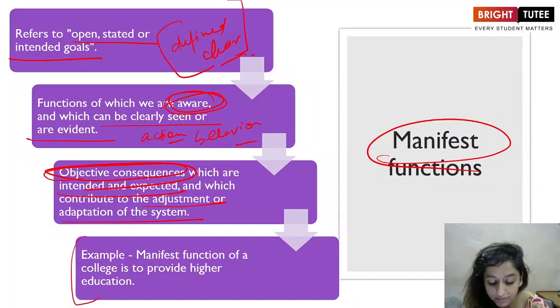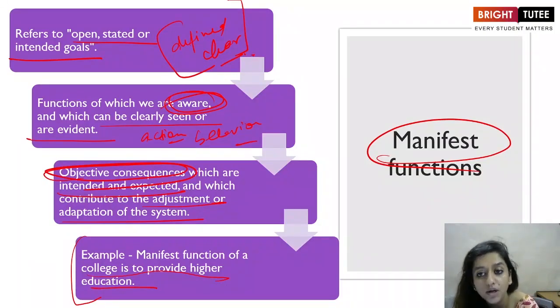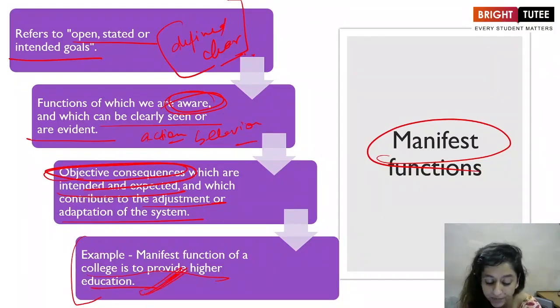Herein, they have taken an example which I'm sure you will be able to relate to. The college is to provide higher education. There is a set, open, stated, and intended goal of what the function of the college is. The function of the college is to provide higher education.